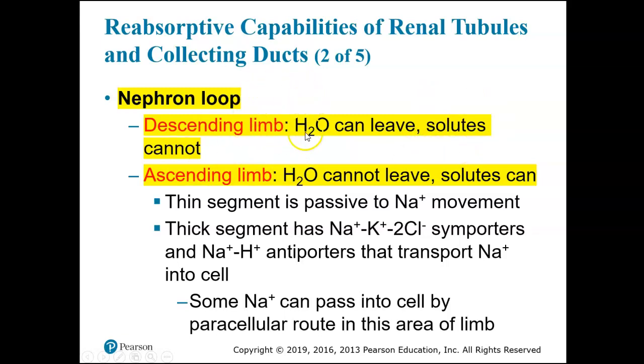So as you move down the descending limb, the filtrate becomes more and more concentrated because water's leaving and solutes are not leaving. Then as you go up the ascending limb, it's opposite. Water can't leave, but solutes can. So as you go up the ascending limb toward the distal convoluted tubule, the filtrate becomes more dilute.